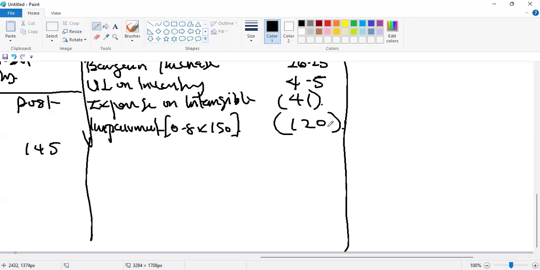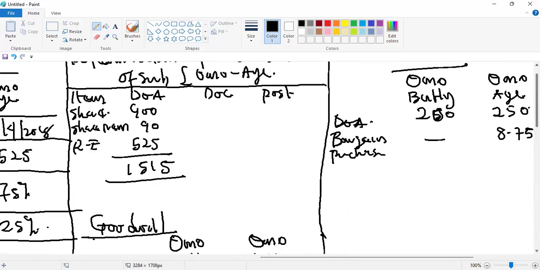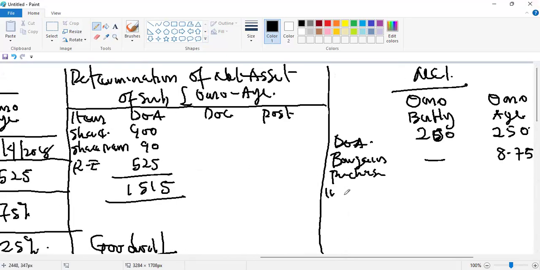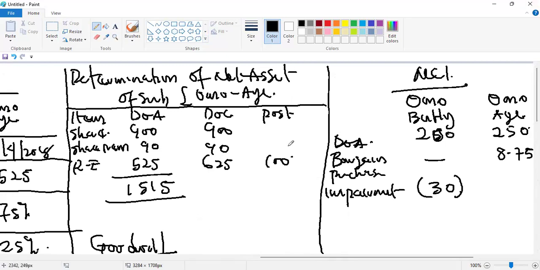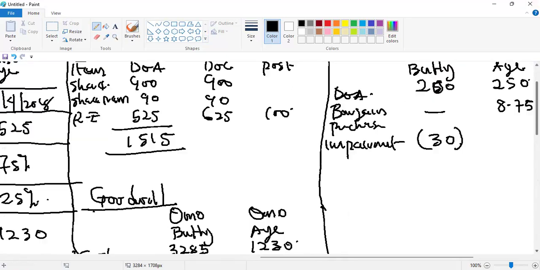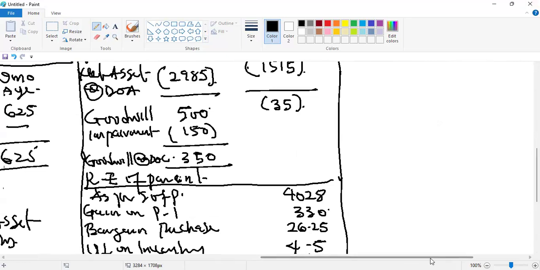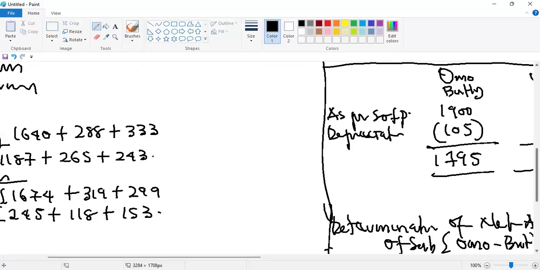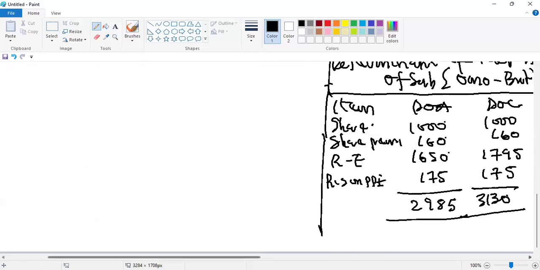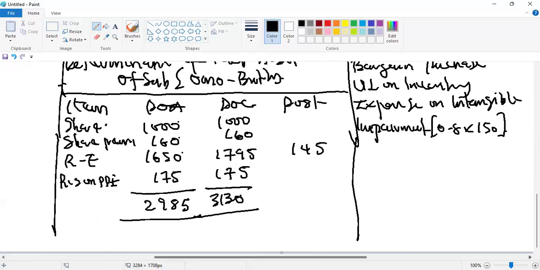The second leg now, NCI. Impairments of 30. 900, 90, 625. This will give you 100. But this income, 145. I can share profits.